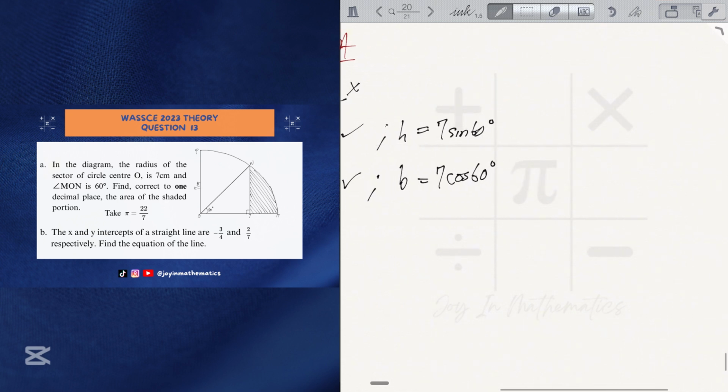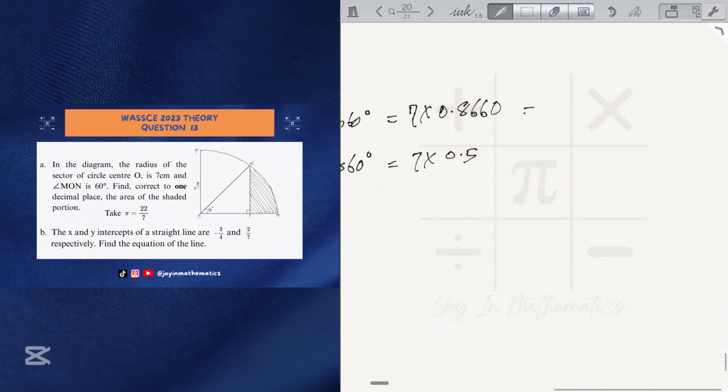Multiplying forward, sine 60 degrees is 0.8660 and cos 60 degrees is 0.5. So we'll have our base equal to 6.062 centimeters and our height equal to 3.5 centimeters.